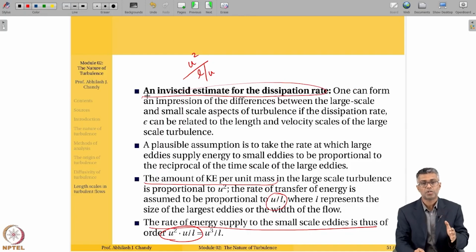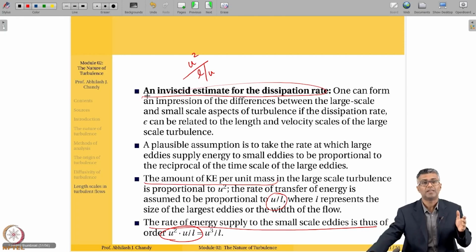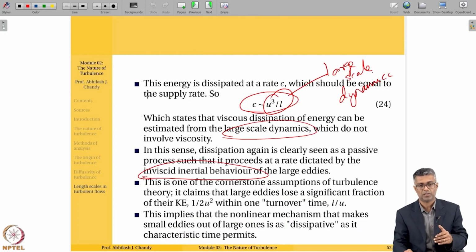We are saying the dissipation rate depends on the large scale dynamics, which happens due to the inertial behavior of the large scales, U cube over L. This is now one of the really important assumptions of turbulence theory.